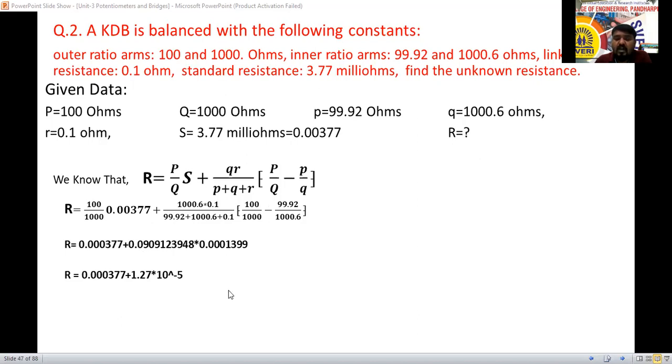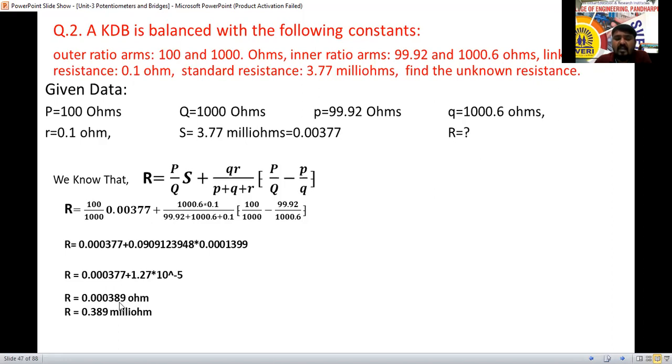So the answer we are going to get is 0.000389. So 1, 2, 3 digits considered is 0.389 milliohms, or 389 microohms we can write. 1, 2, 3, 4, 5, 6, six digits. The point I am going to shift: right side shift is minus, left side shift is plus.